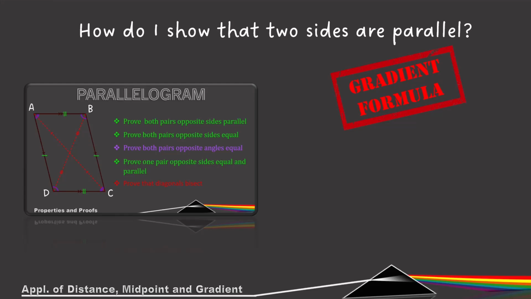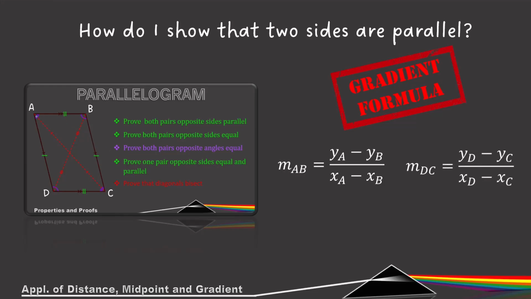Once again, if we name our parallelogram ABCD, we can start off by calculating the gradient of AB, the one side, and then calculate the gradient of DC. If it is a parallelogram, then it will show us that the gradients are equal, and then we can state that if the gradients are equal, then therefore the line AB is parallel to DC.